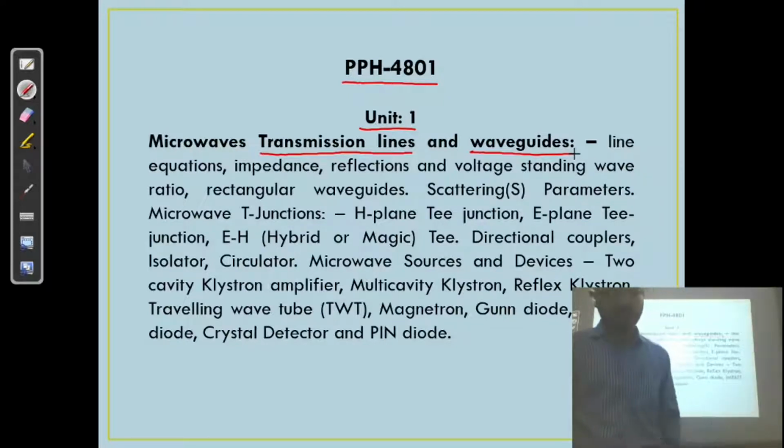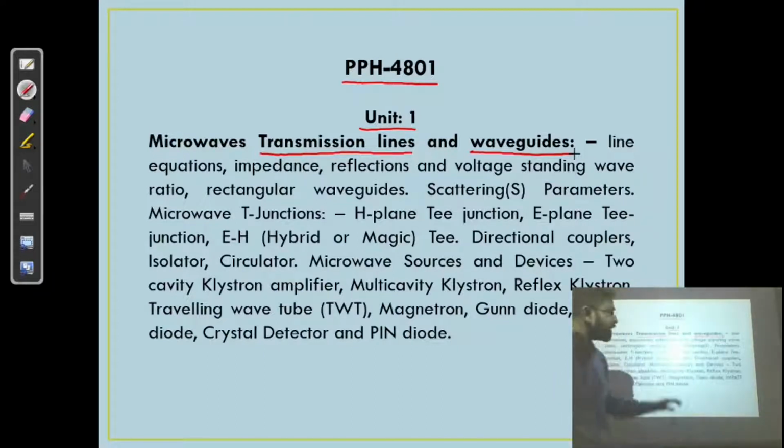That is a transmission line: a line or wire which carries a signal or information in the form of TEM waves, transverse electromagnetic waves.